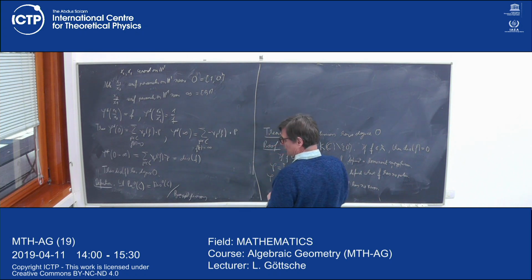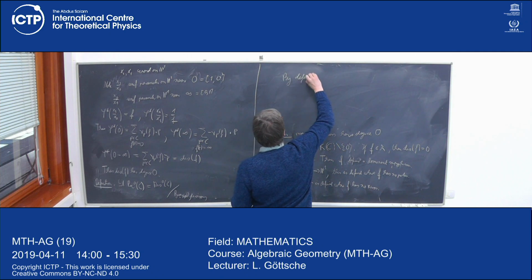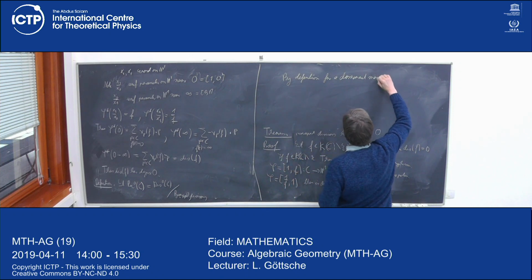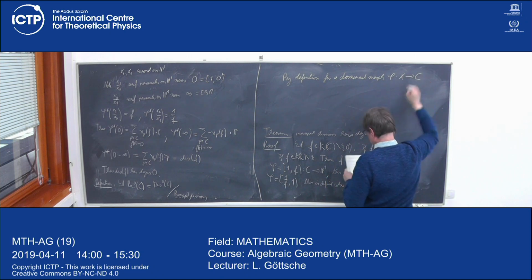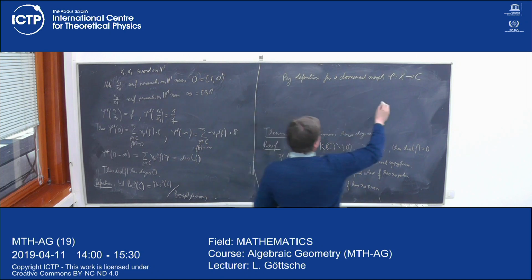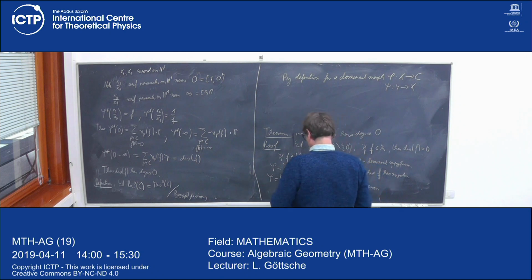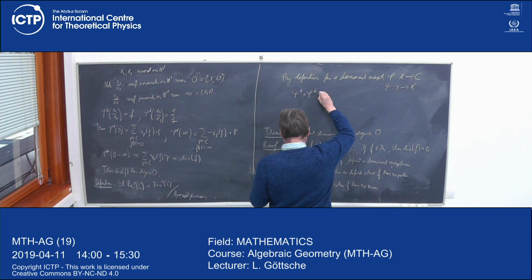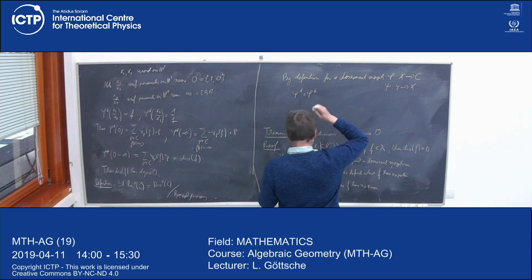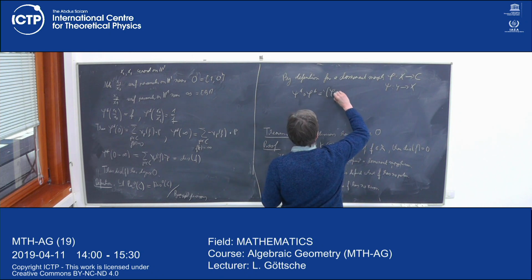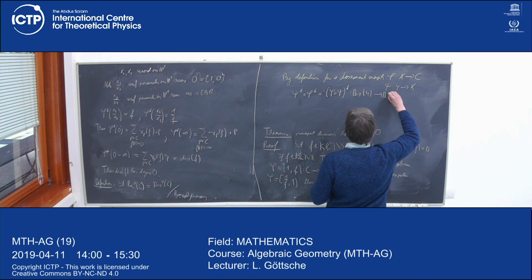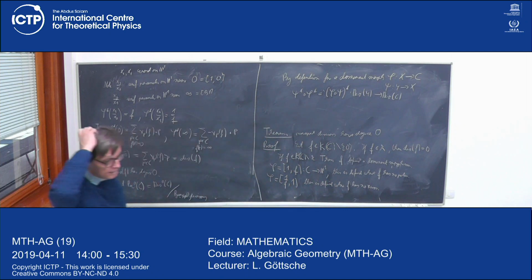So by definition, for a dominant morphism phi from X to C, and another one, say psi from Y to X, if I take the composition psi star composed with phi star, it will just be equal to the pullback by the composition phi composed with psi, star, from the divisors of Y to the divisors of C. So this is just clear from the definition.